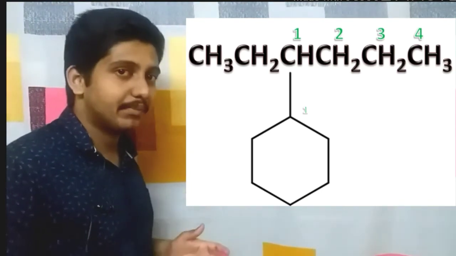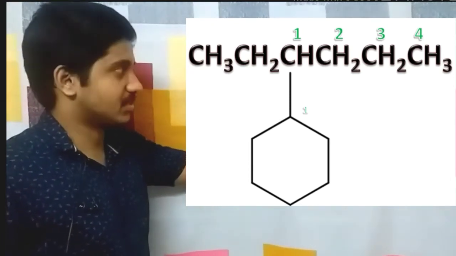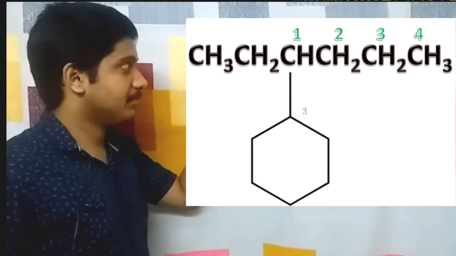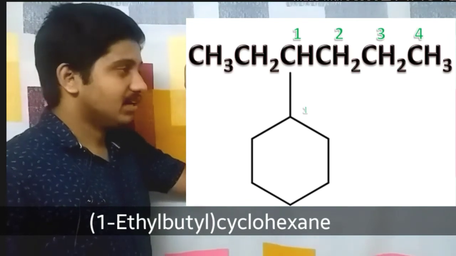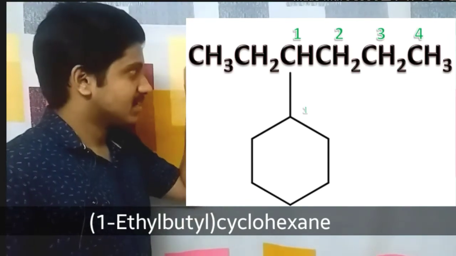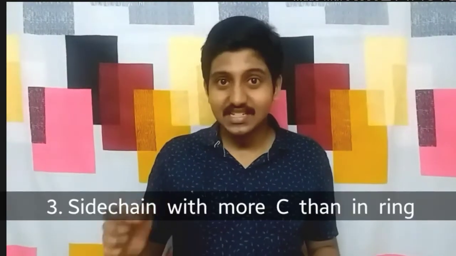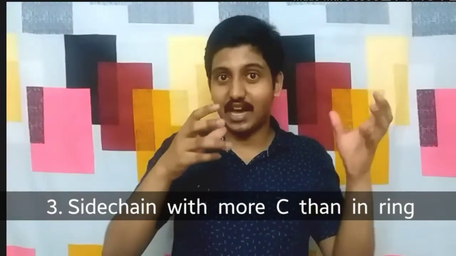Since the third carbon atom of the hexane chain of the substituent is attached to the cyclohexane, we will name it as (1-ethyl butyl) cyclohexane.